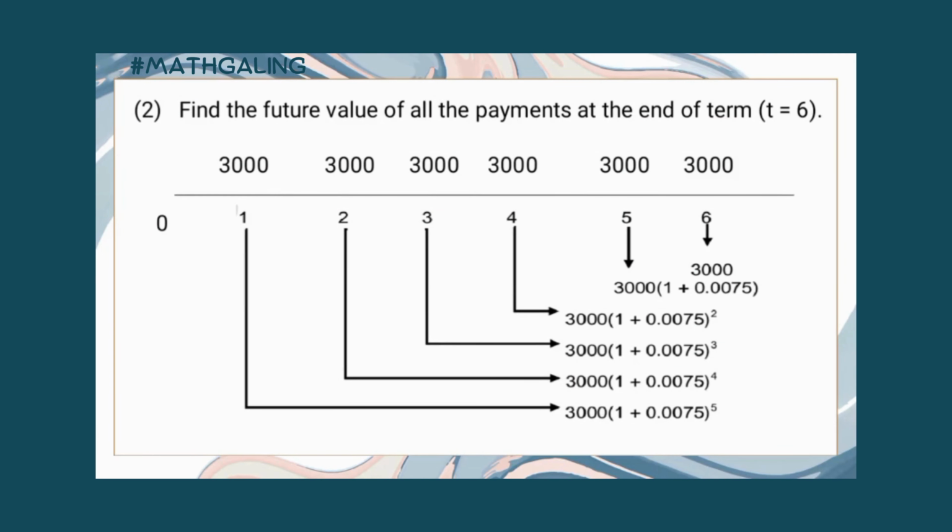Second step, find the future value of all the payments at the end of the term. T equals 6. So we just need to subtract 1 from n.